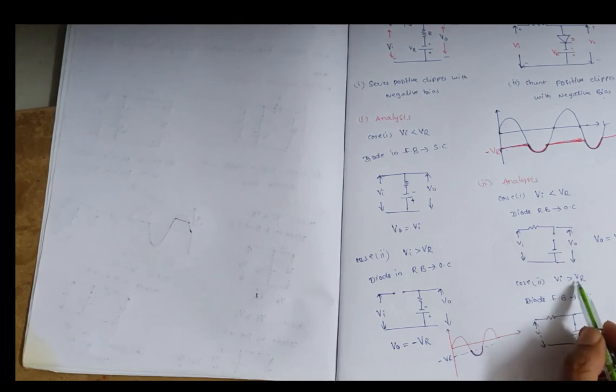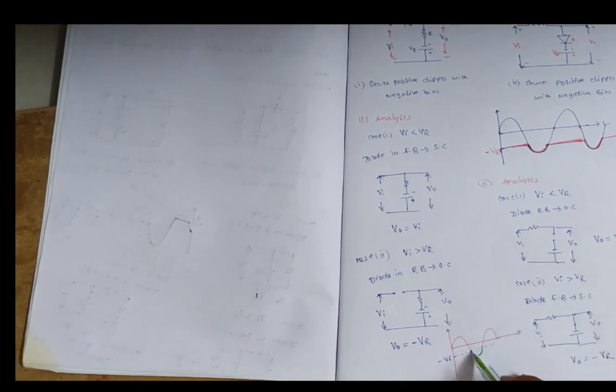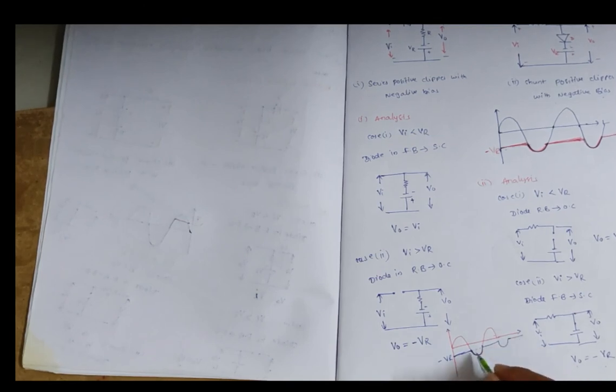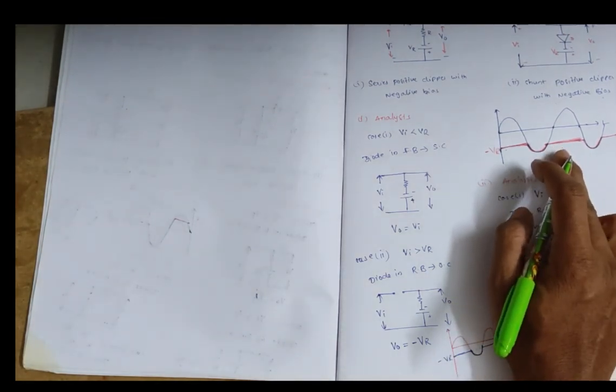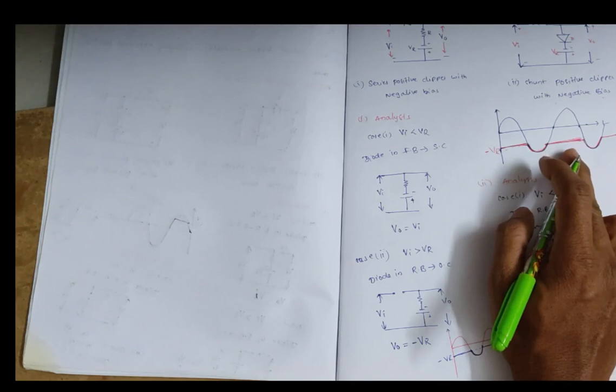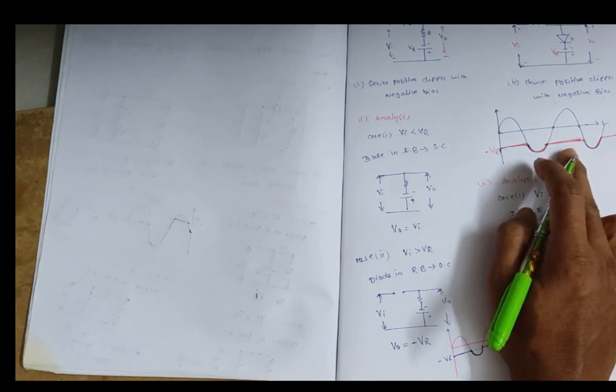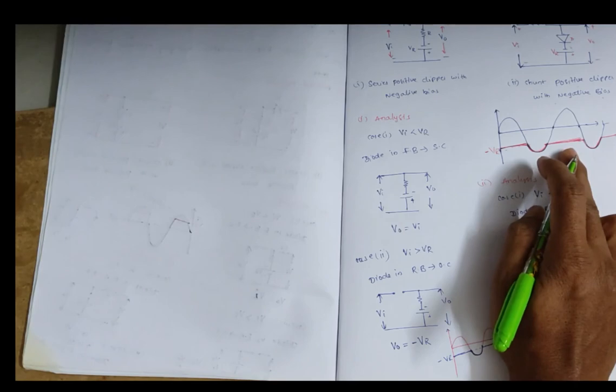When Vi is greater than VR, applying this part, the diode is forward biased and acts as a short circuit, so the output voltage V naught equals minus VR only. So when you apply more than the VR voltage, we get this kind of output. This will be our output, same as this one. This is about the biased positive clipper with reverse polarity of battery. Next we will discuss the biased negative clippers.